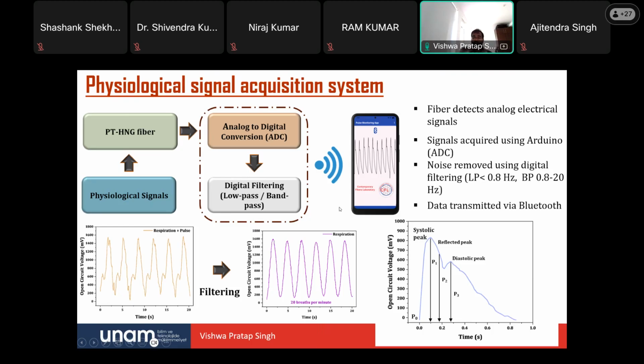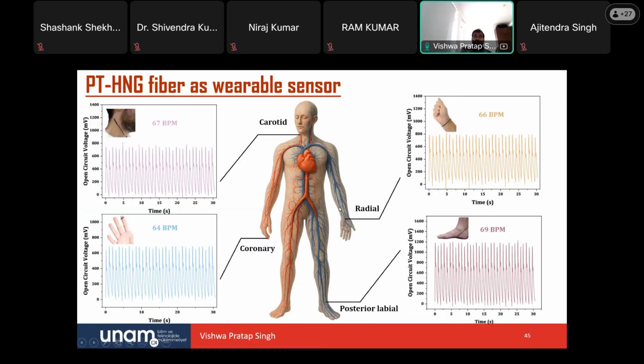So what we did, we put the fiber on different places, the same way. We put it on the carotid, coronary, and then we got the data. It was really better than our previous fiber, and this is the improvement that we have done to our system.